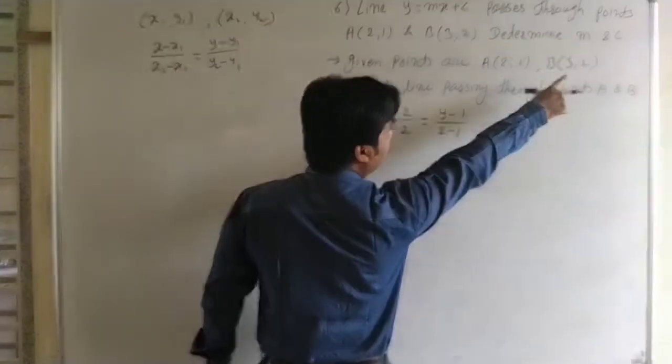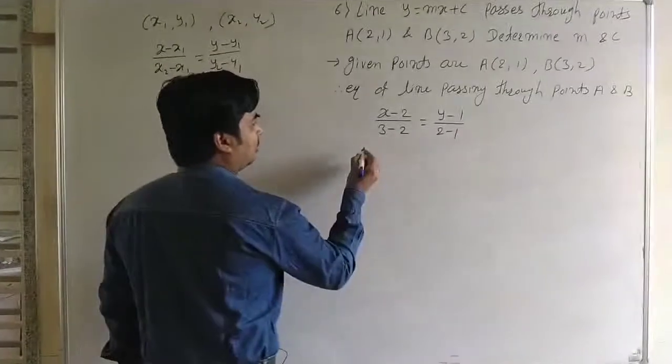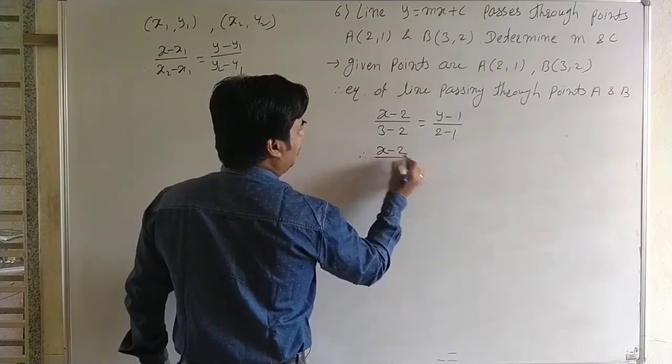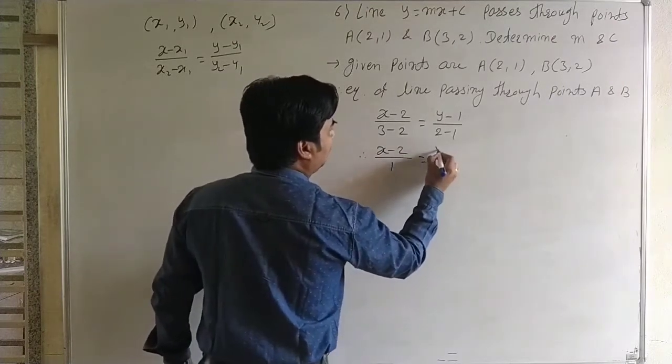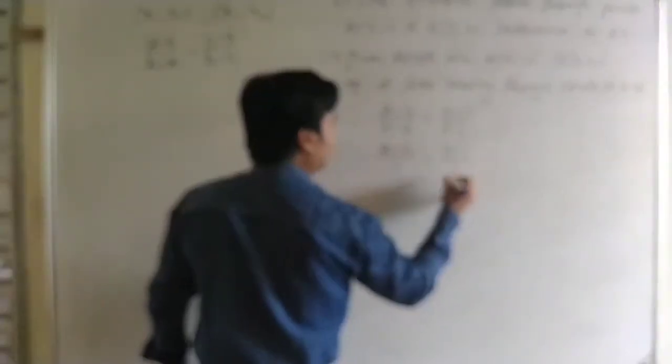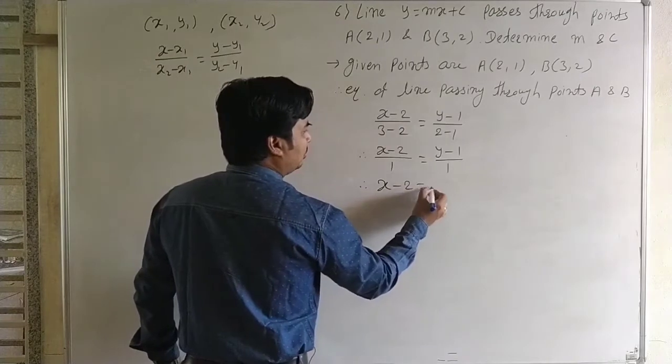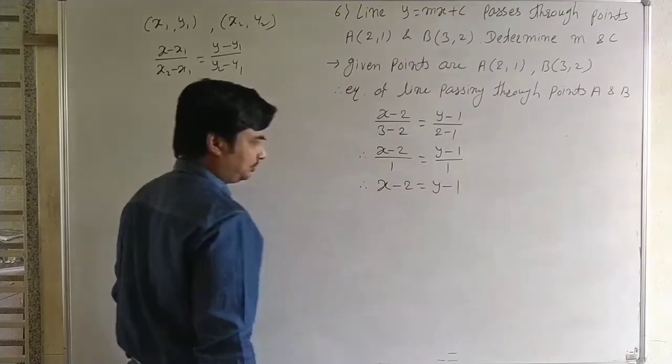Now calculate. It is (x minus 2) upon 1 is equal to (y minus 1) upon 1. Therefore we can write x minus 2 is equal to y minus 1.